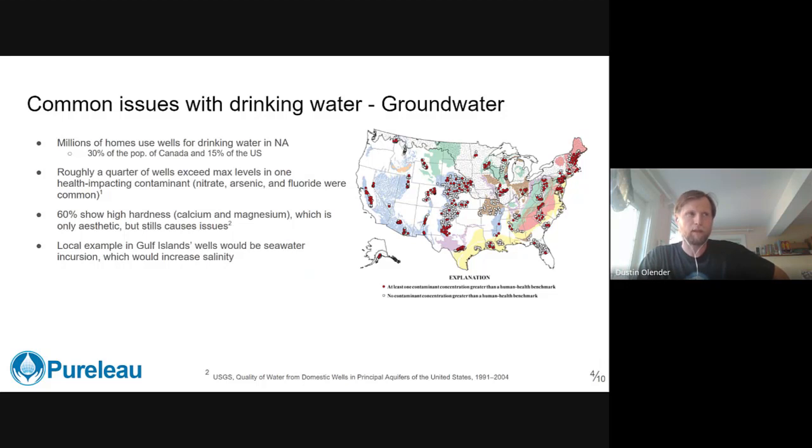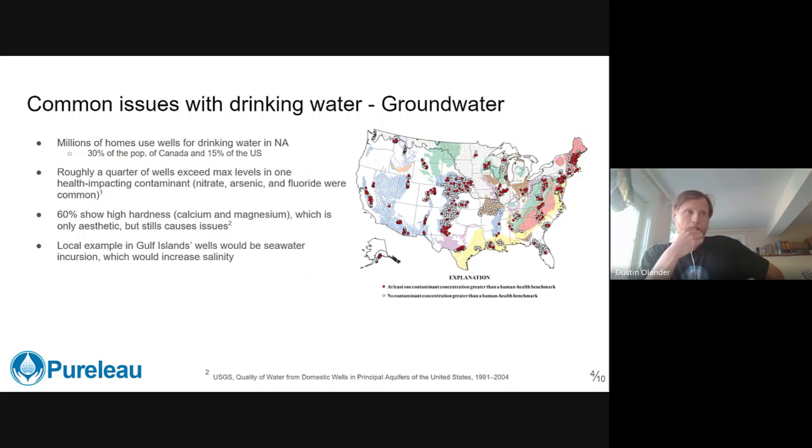The big offenders were nitrate, which is likely fertilizer runoff, arsenic, and fluoride. Those are all ionic as well, so they all have a charge. 60% of the wells showed high hardness. Obviously not a health impacting issue, but definitely still an issue, and definitely a big issue in wells.